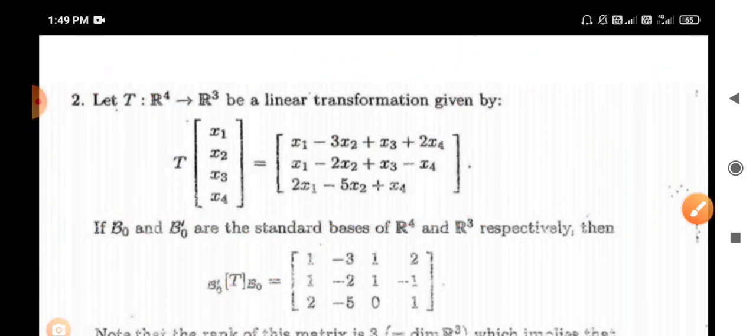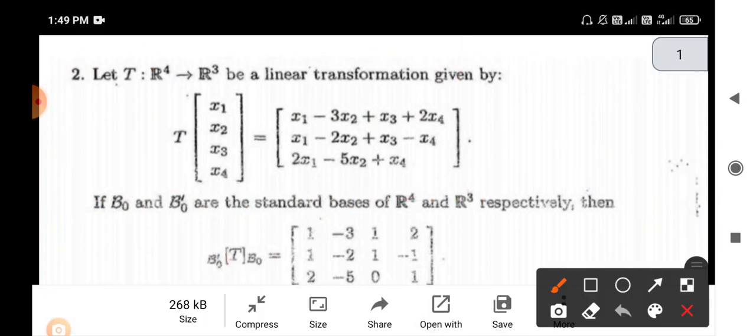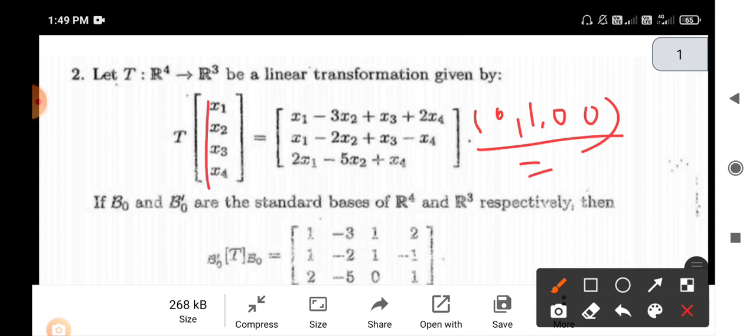In the same way, taking the second element in B naught, that is 0 1 0 0, substitute that value in x1 x2 x3 x4. We get a column vector: the coefficient of x2, which is minus 3, minus 2, minus 5.